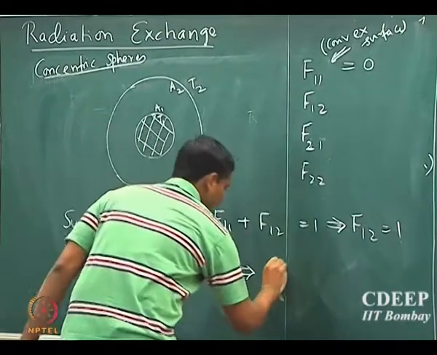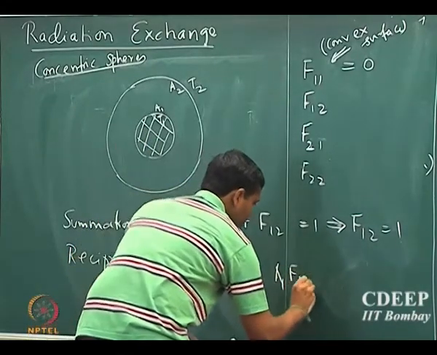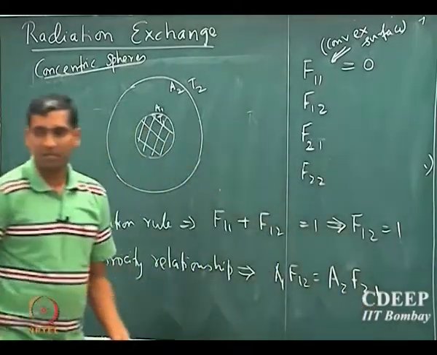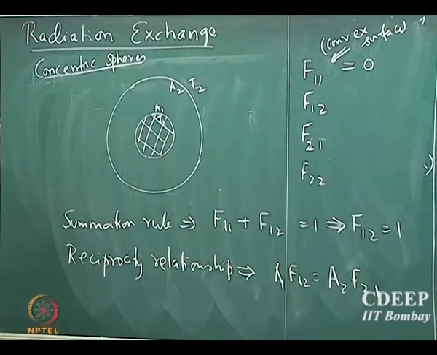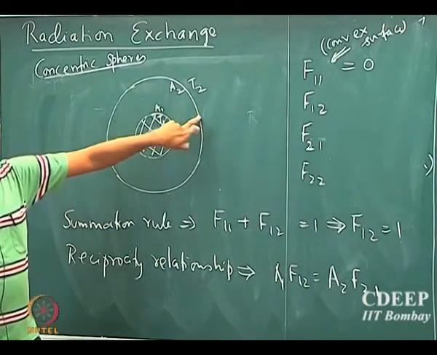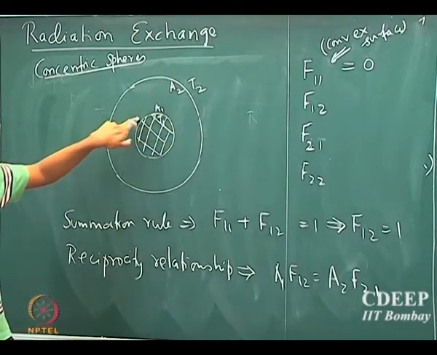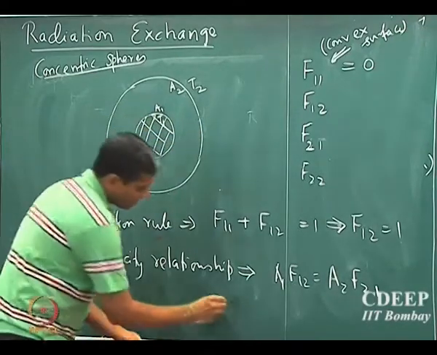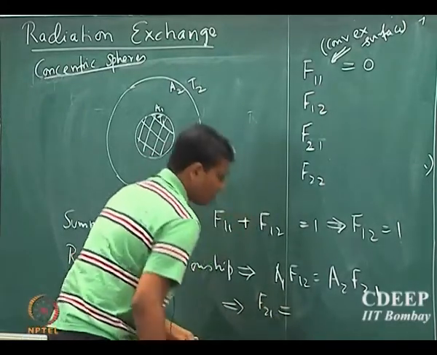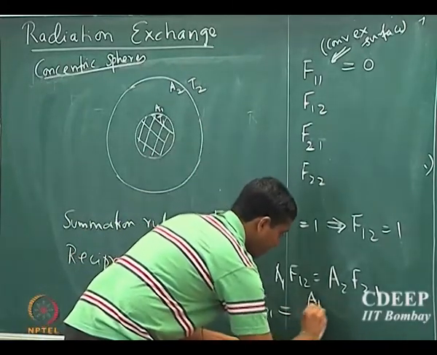Alright, so now we have the reciprocity relationship, which says that A1 F12 equals A2 F21. So it essentially relates the view factor from surface 1 to 2 and from surface 2 to 1. So from here we can find that F21 will be equal to A1 by A2.